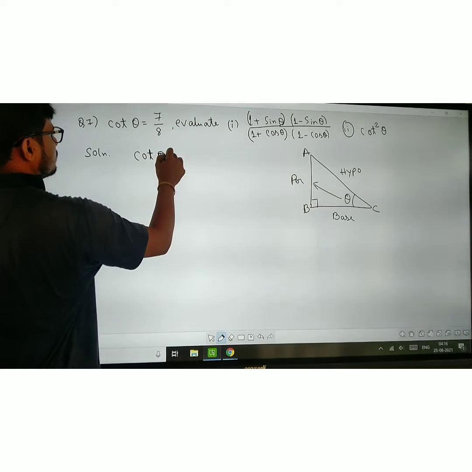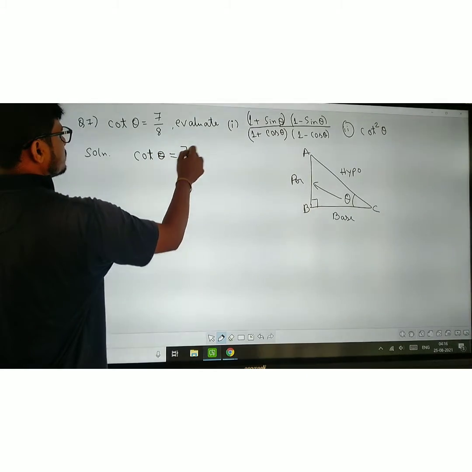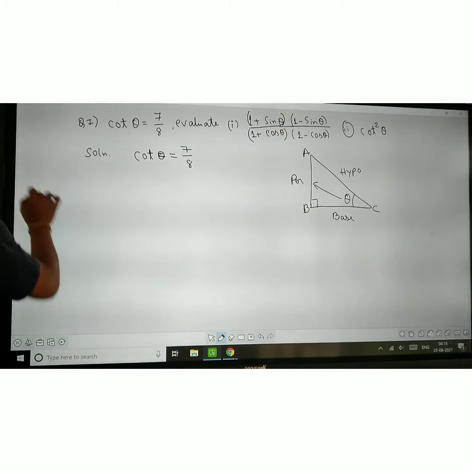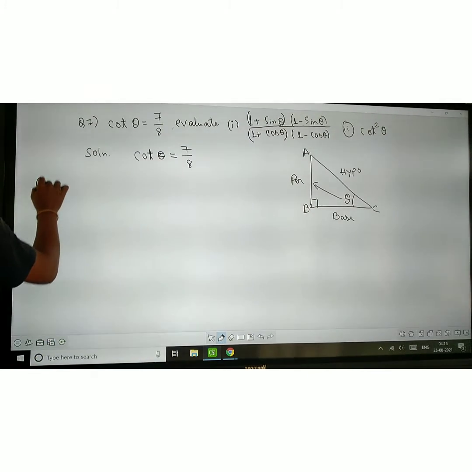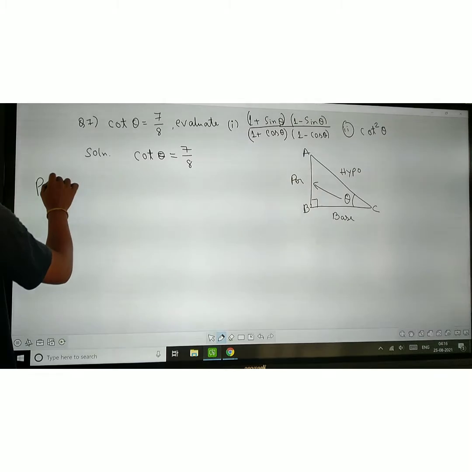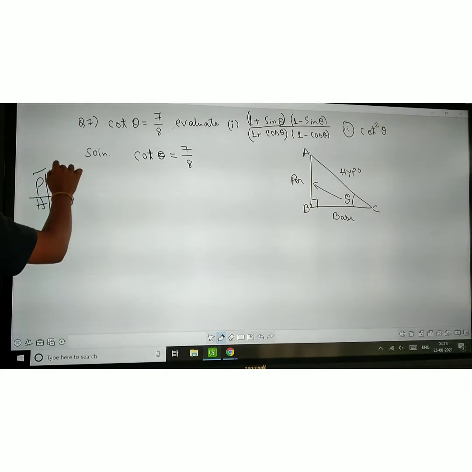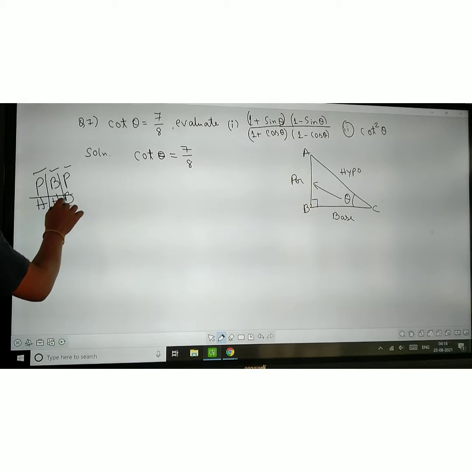Cot theta is equal to 7 by 8. So you know the formula for cot theta. I already gave it in the previous videos. You can see that: P by H, H by B, first sin, cos, tan, then cot.